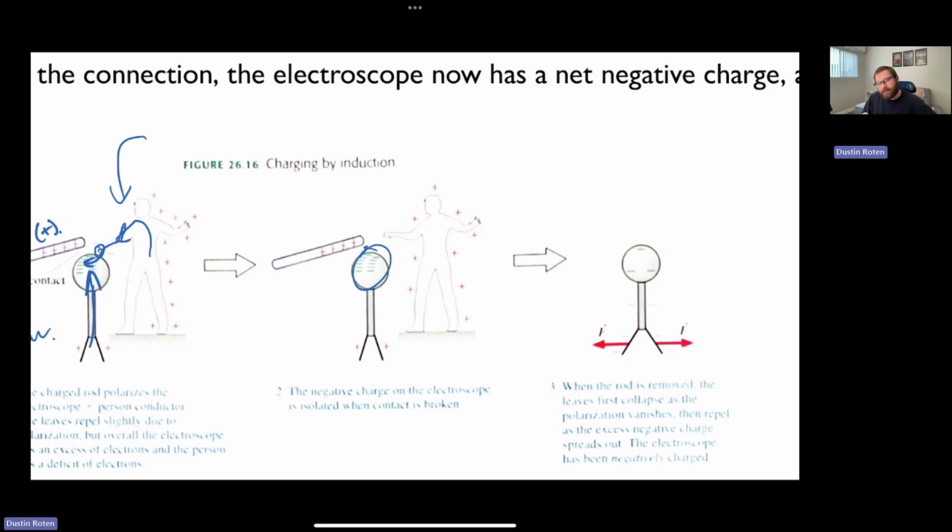So that means the human has lost some electrons, right? The human's going to have a little less than normal because they went to the scope. So it's going to give the human a net positive charge.